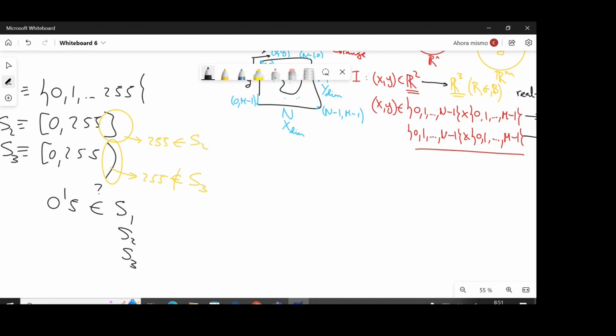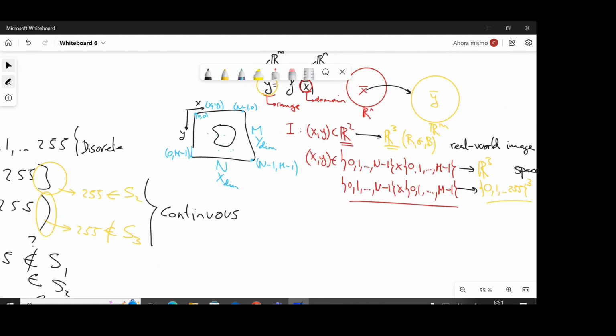Yes. These are all possible real values, so 0.5 belongs. What about S2? The same. The only difference between S2 and S3 is the last point. What about S1? It doesn't, because these are only the integer numbers between 0 and 255. So that is the difference. This is a discrete set, while these two are continuous. So that is a matter of notation.